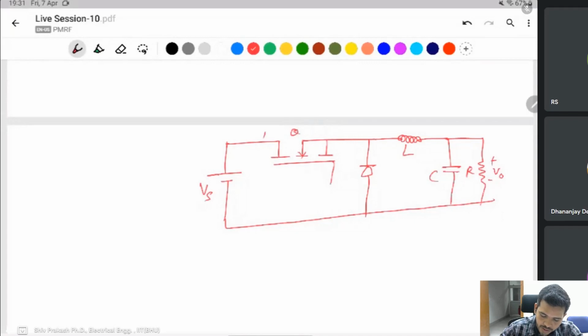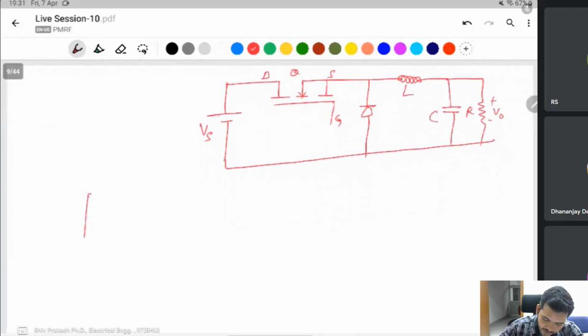This one is the drain, source. This one is the gate. So it requires a gate pulse. Gate pulse you can generate from the microcontroller.